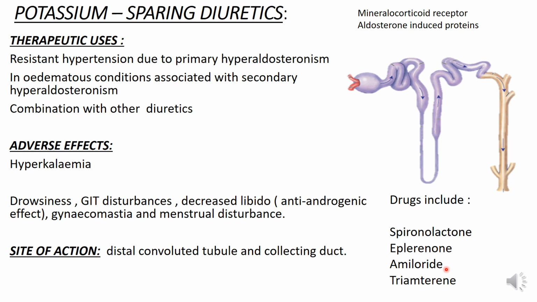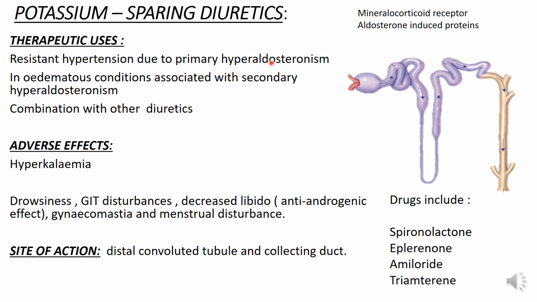diuretics? First, we are going to give them to a patient having hyperaldosteronism, whether it is primary or secondary. Whenever there is excessive secretion of aldosterone, when the aldosterone level is high, we call that hyperaldosteronism. Now hyperaldosteronism is of two types.